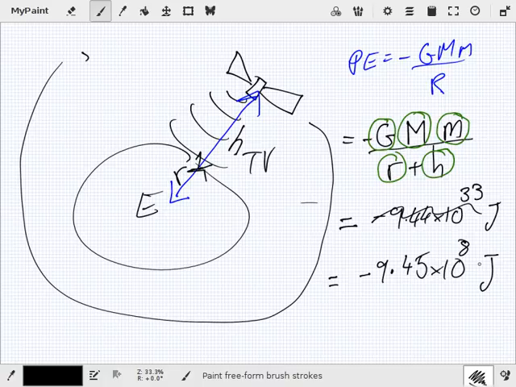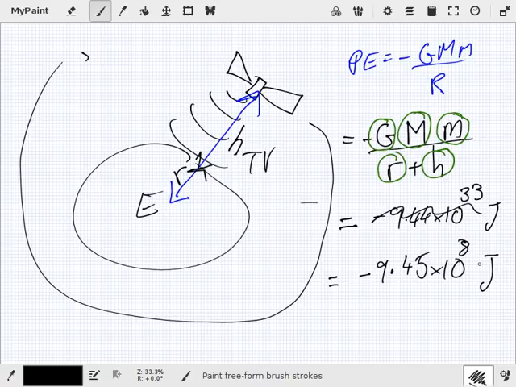G is E? No. G is 6.67 times 10 to the minus 11. Oh, minus 11. Yes. Let me see what you typed in.